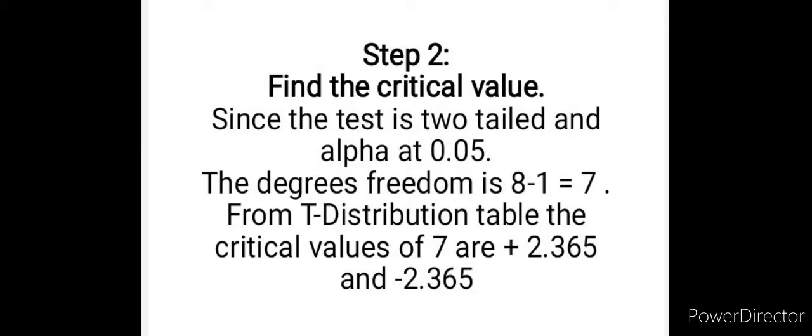We will use the smaller of the two sample sizes. So 8 is smaller than 10, so we use 8 minus 1 equals 7. From the distribution table, the critical values for 7 are positive 2.365 and negative 2.365.